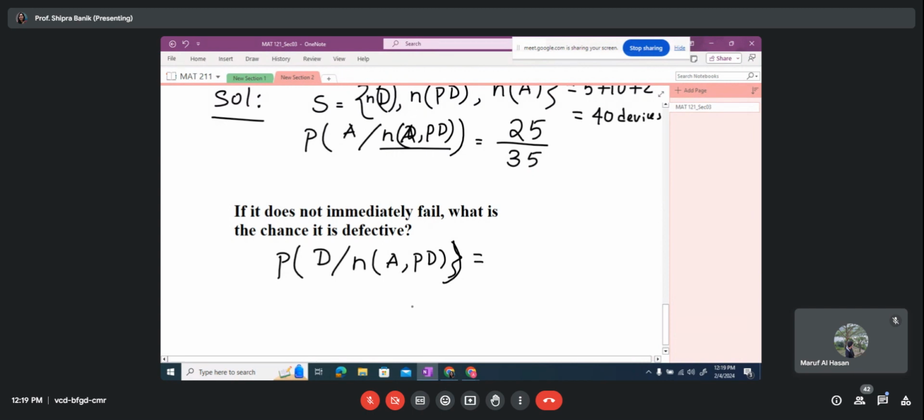D is present here. So the answer is 0. This is equation 1 and this is equation 2. Have a look.